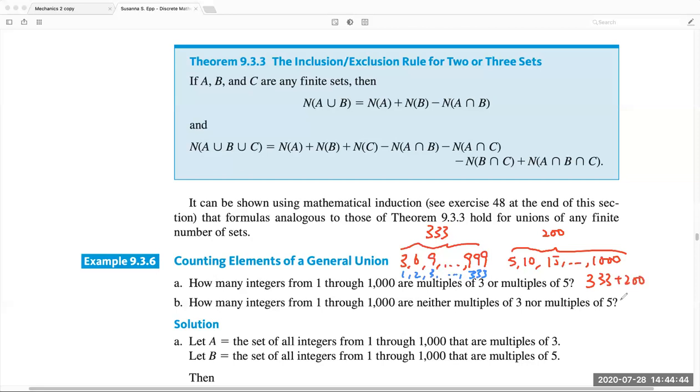No. Why not? Because there may be some overlaps. What do I mean by overlaps? Just like the numbers 15, 900, something like that. They are also multiples of 3 and 5. So you double count those numbers. So what are the properties of those numbers?